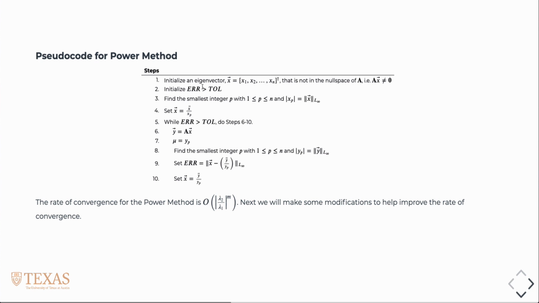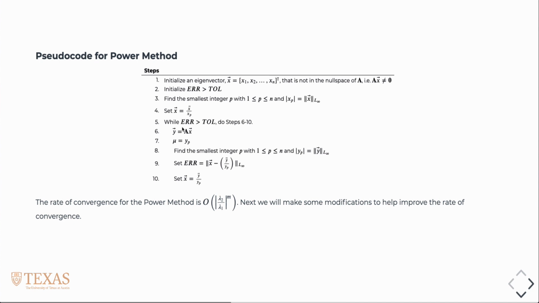And from there, we'll just set an initial error greater than some tolerance. Find the smallest integer p. Basically, this is the index location in x of the largest value. And then we'll redefine x to be the vector x divided by that largest value. So what we're doing is we're normalizing it such that the largest value in x will be 1.